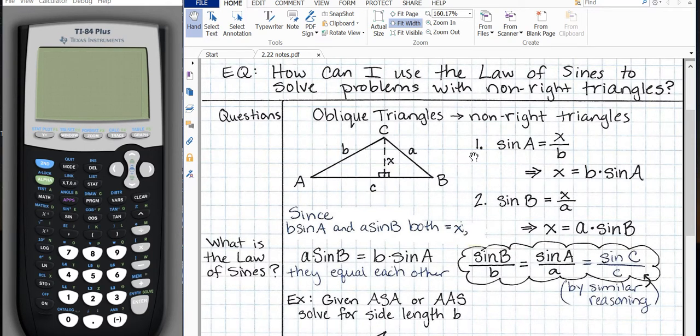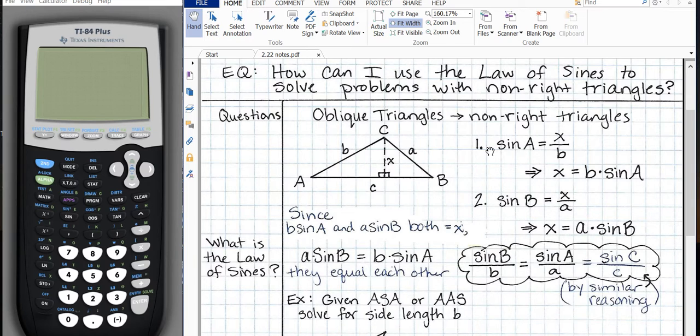Okay, so step number one, we are going to look at the sine of angle A. And so if you look at angle A here, sine, remember, is opposite over hypotenuse. So the side opposite of angle A is x, and the hypotenuse is b. Just looking at this triangle right over here.